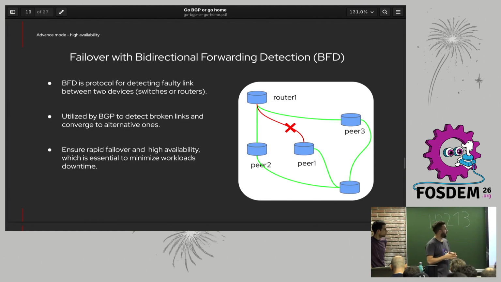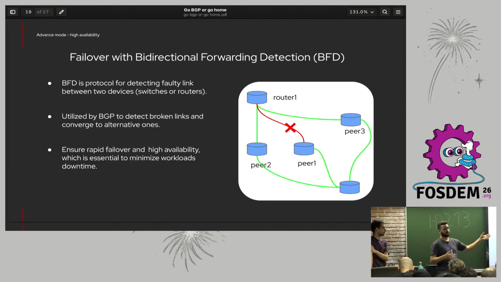And one more nice topic is the failover capability using bidirectional forwarding detection, BFD for short. This is basically what enables BGP to provide high availability and failover to the next best route. So BFD is the protocol for detecting faulty links between two devices.